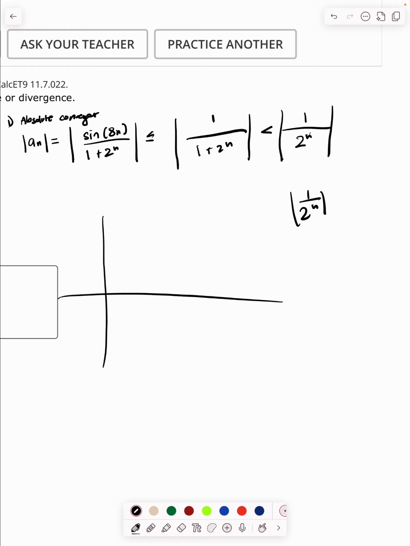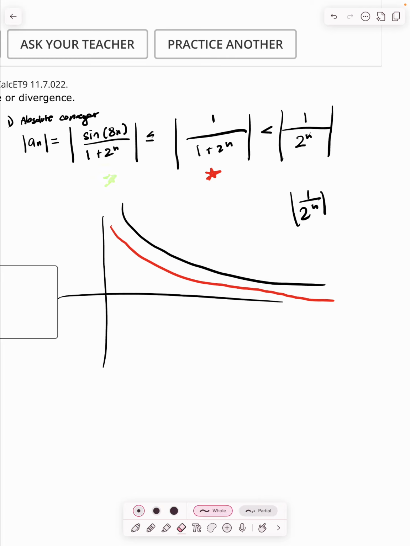So a picture of what I just said. Let's assume that 1 over 2 to the n has absolute convergence and it looks like this. By setting this as an upper bound, I'll say that this is always less. And then I set this as another upper bound and say that this is even less than this.